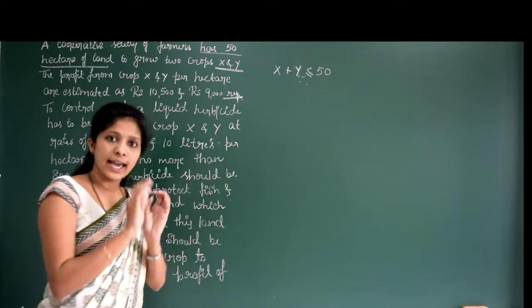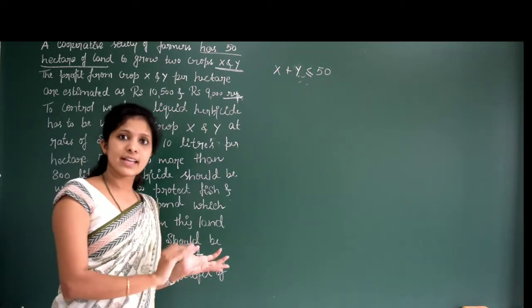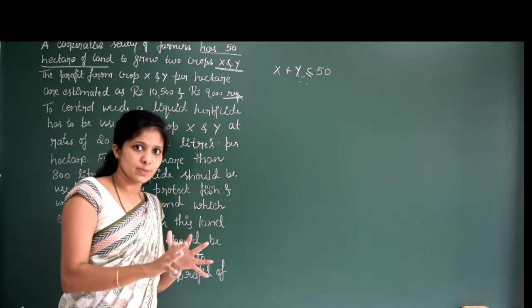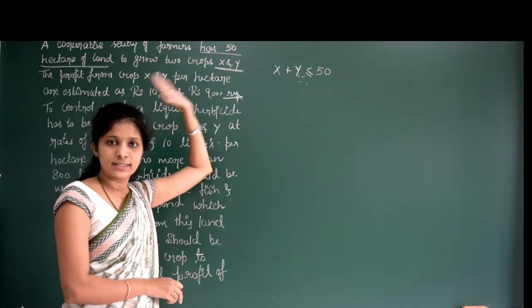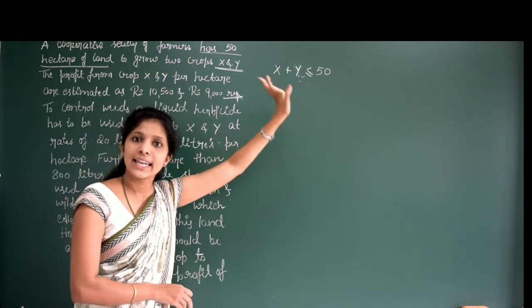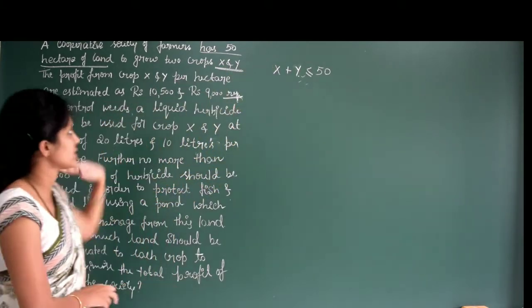The sum is either equal to 50 or less than 50. More than that it is not possible, because they only have 50 hectares. So X plus Y should be less than or equal to 50. That is the first equation.